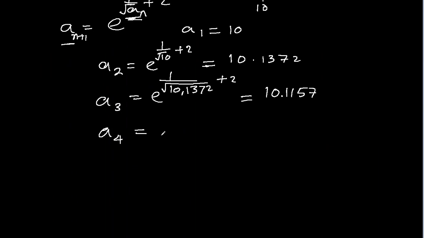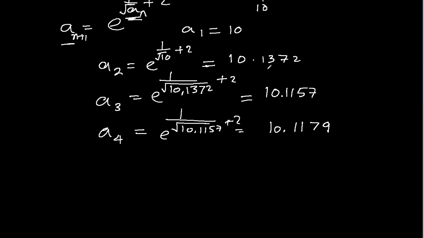A4. You might be wondering, where will I stop? Okay, when I will stop, I will let you know why did I stop. So I'm writing 10.1157 plus 2. I get 10.1179. And now I will stop. Why? Because they said the answer should be in 2 decimal places.